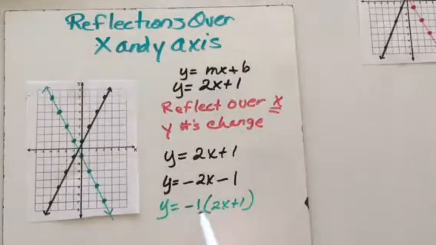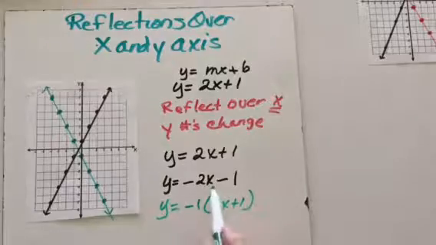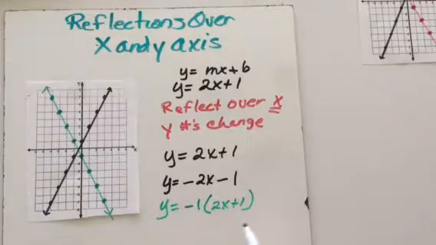If I put a -1 in front of that whole function, then it will end up being this when I multiply it out. So when I reflect over the x-axis, I put a -1 in front of the function. I put a -1 in front of the entire function.